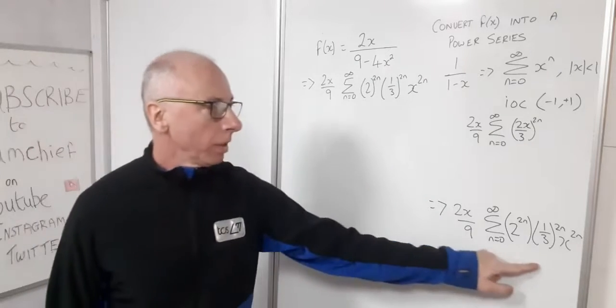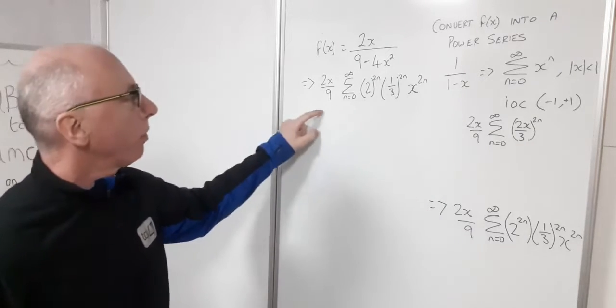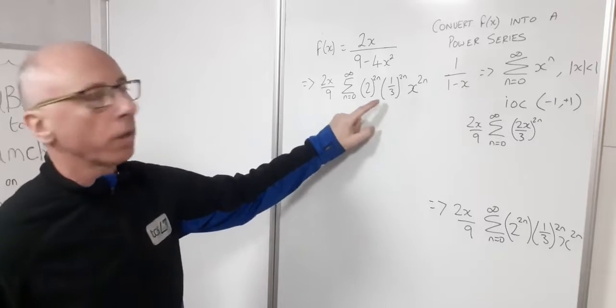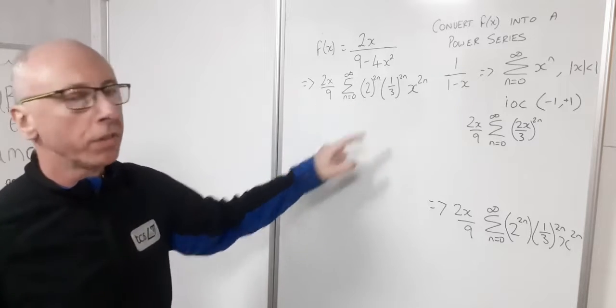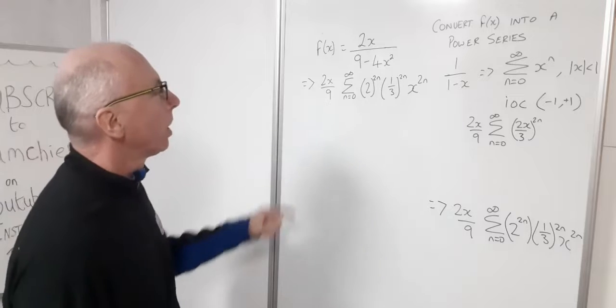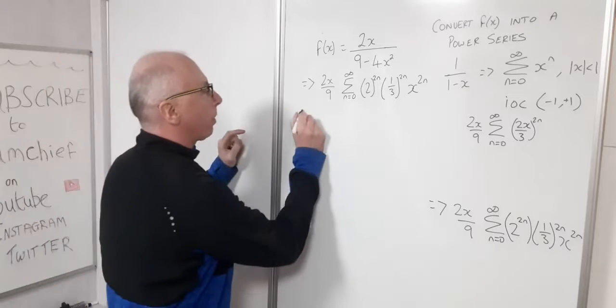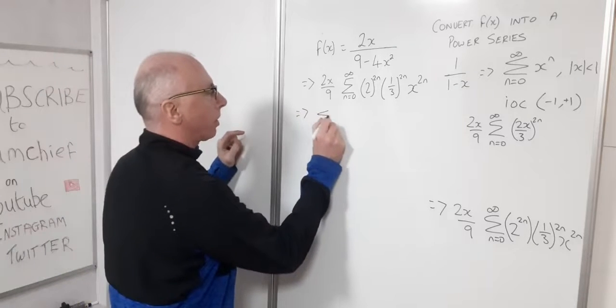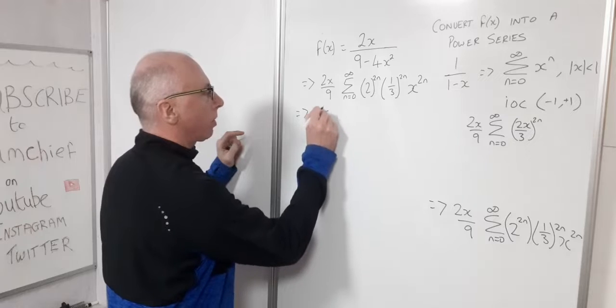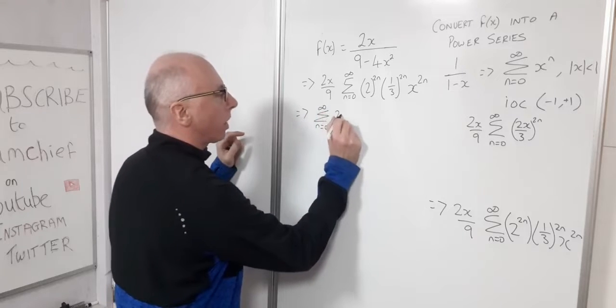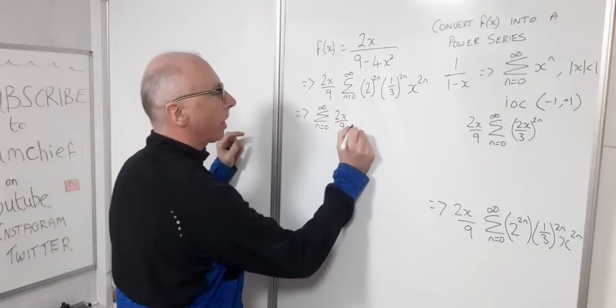Okay, so now I've moved this calculation up to here, and let's work from here and bring the 2x over 9 inside the summation. Let's just do that and see what we get. So we've got n equals 0 to infinity. We can write 2x over 9 inside.